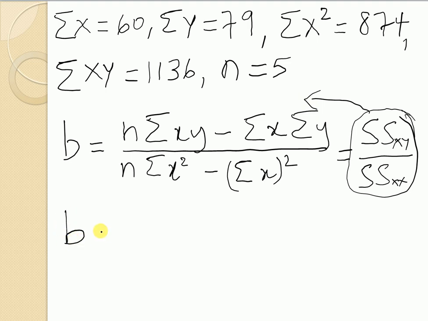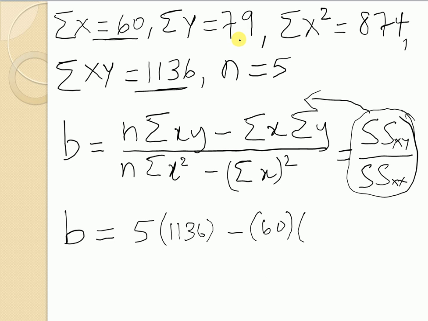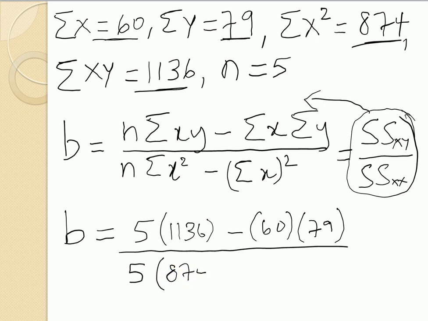So now we substitute the values. B equals 5 multiplied by the sum of xy, which is 1130, minus the sum of x, which is 60, multiplied by the sum of y, that's 79, divided by 5 times the sum of x squared, 874, minus the sum of x all squared, so that's 60 squared, and this should work out to 1.22.